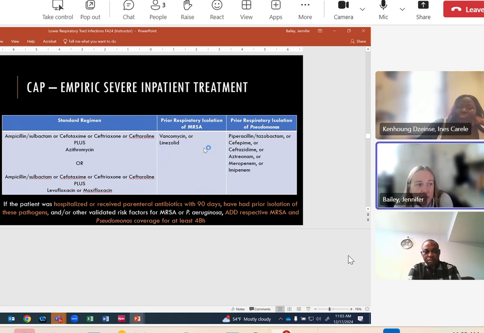Okay, so in addition to having a history of MRSA pneumonia or a history of Pseudomonas pneumonia, also if they've had IV antibiotics within the past 90 days, you want to use these agents. Does that make sense? Because they are at risk for drug resistance and just different bugs.